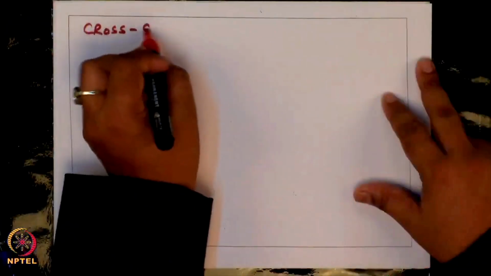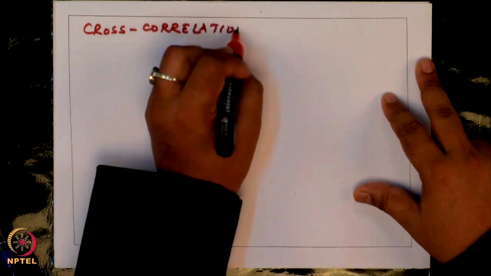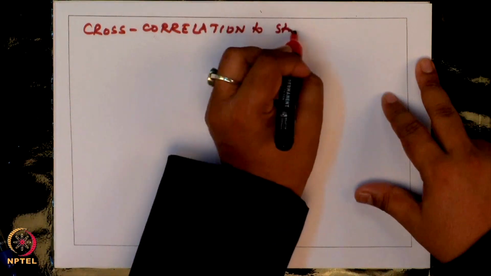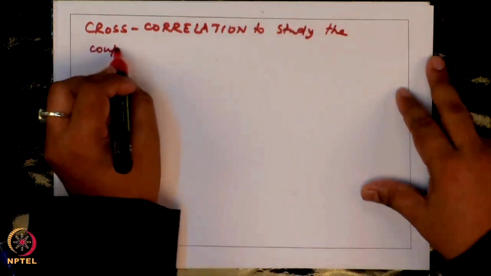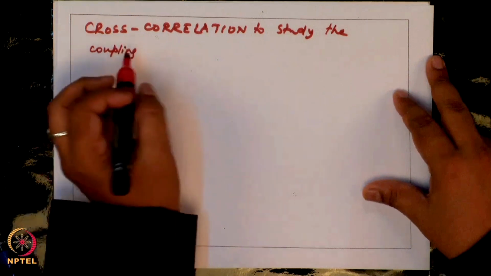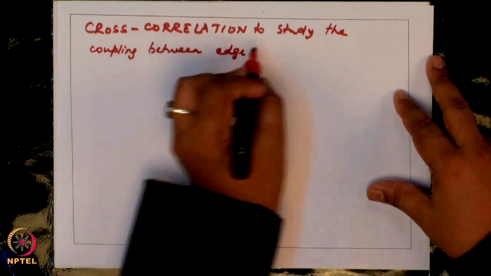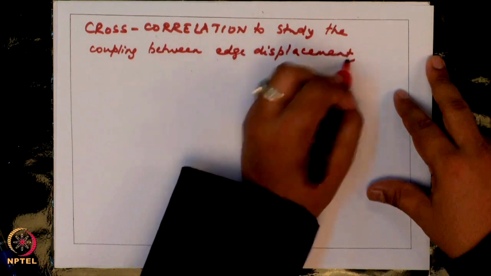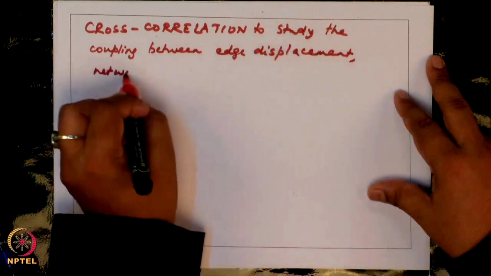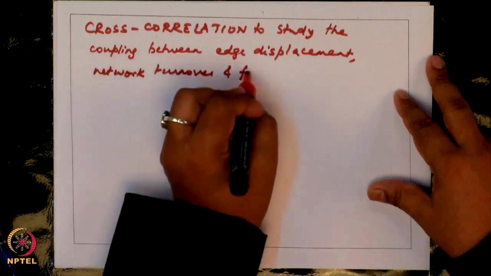So, you can do cross correlation to study the coupling between edge displacement, network turnover and flow.